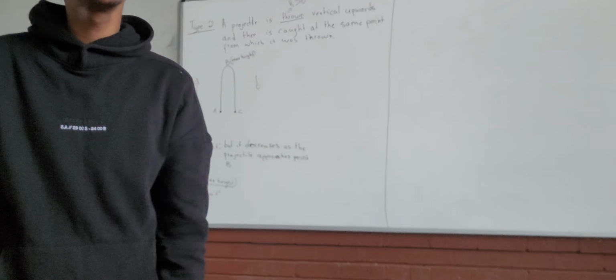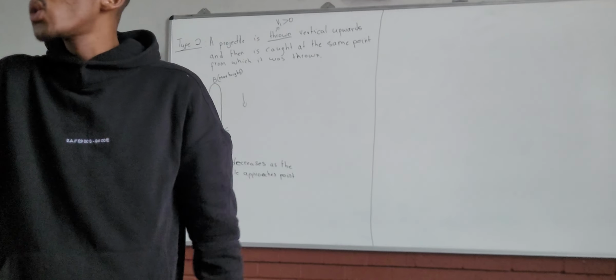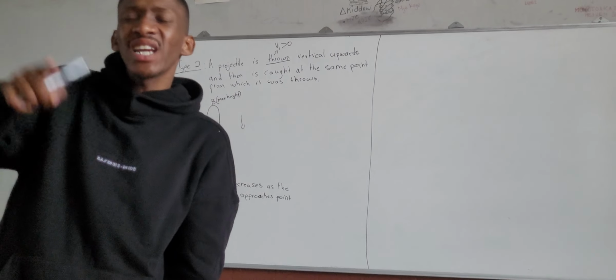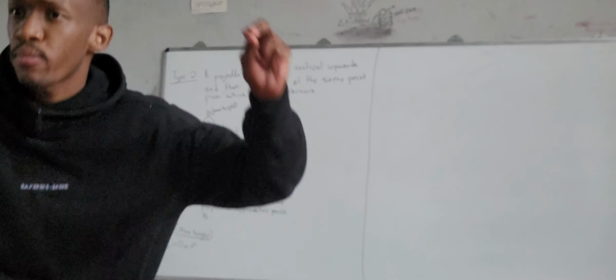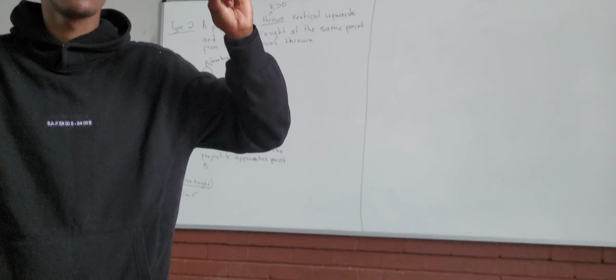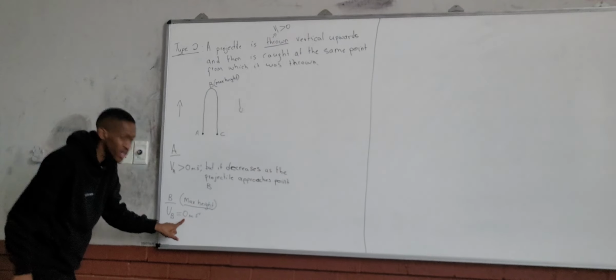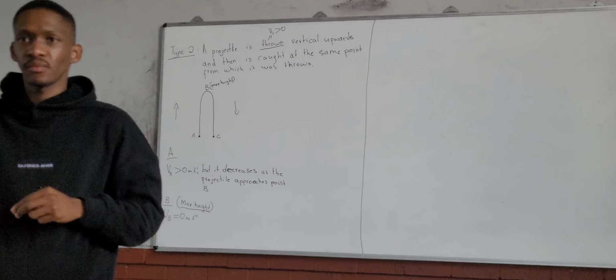Maximum height is a point where our projectile is going to change direction, and before it can change direction, it must come to a stop. Hence, the velocity at point B is equal to 0 meters per second.